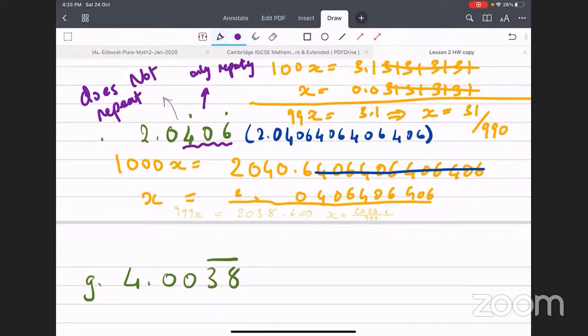I actually wrote it beside it. So basically, the dots are on 4 and 6. So 4 and 6 repeat, so anything between the 4 and 6 will repeat too. But here we don't have any dots, right? It's similar to writing it like this.